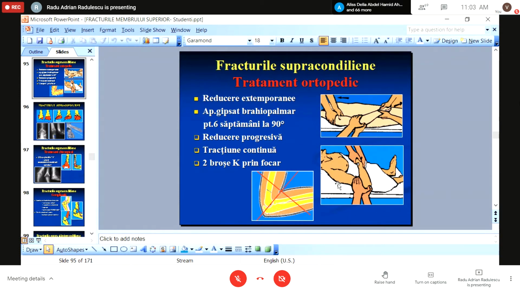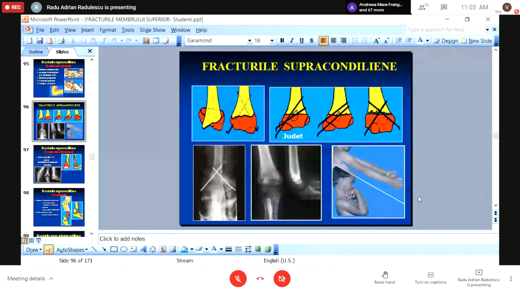And in this situation of good reduction, in order not to lose this reduction after we release this flexion, we prefer to introduce through the fracture site 2 K wires, like you can see here. 2 K wires in an X position, in letter X position, or two parallel K wires, in order to stabilize the fracture site.